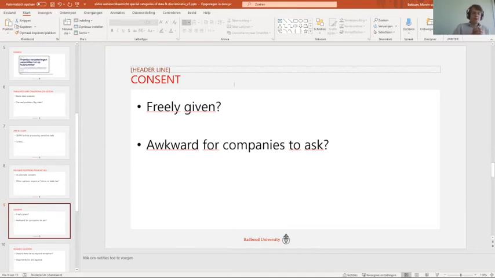The criteria for judging consent are that it should be explicit and freely given, and it could be awkward for a company to ask consent from their clients. An insurance company suddenly asks you for consent for collecting your data to test their AI against discrimination. Well, it could be an awkward thing to do, at least.